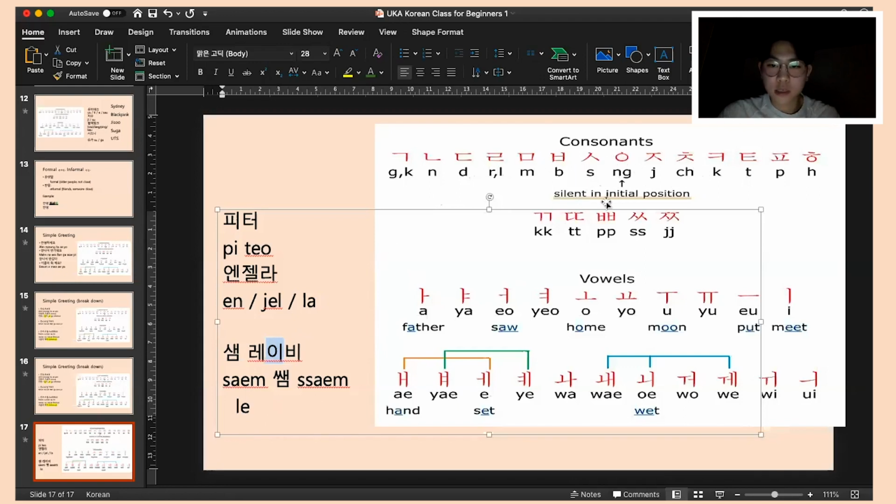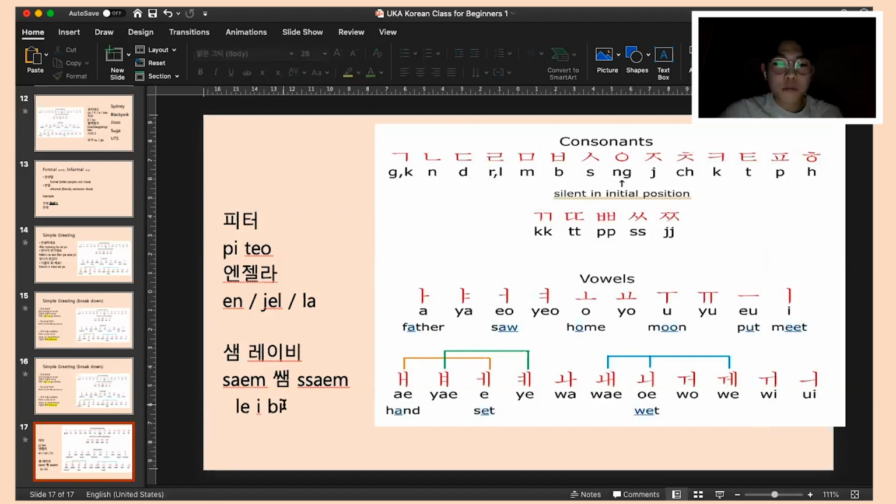The silent sound here with the I sound here. 레, 이, 비. This is I, by the way.